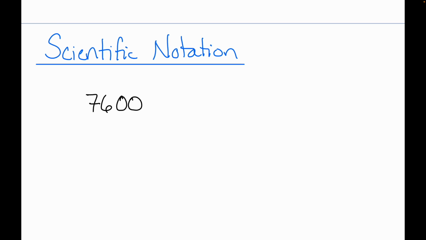So for example, we'll do a different example than what we did last time. 7,600. This would be our normal, what we would call standard notation. We could represent this in a more compact way using scientific notation, where we say 7.6 times 10 to the third.